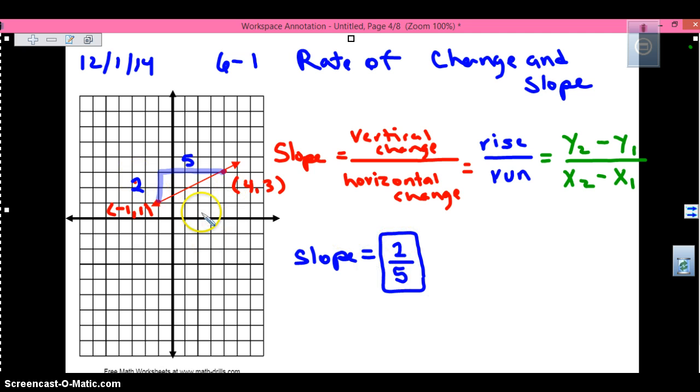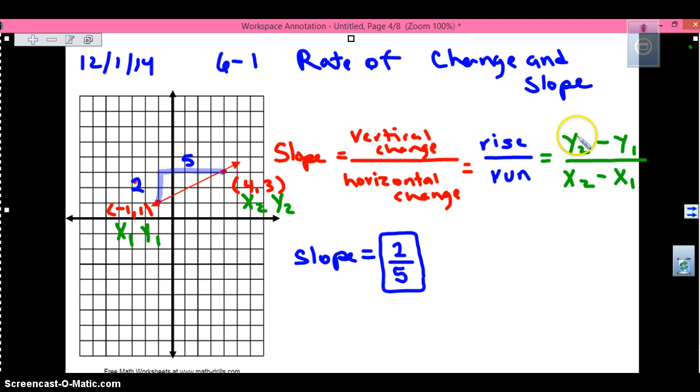Another way to find this is to use the formula y sub 2 minus y sub 1 over x sub 2 minus x sub 1 to find the change in both the vertical and the horizontal. So we've got both ordered pairs. We're going to label one ordered pair as 1, so x sub 1, y sub 1, and the other ordered pair as ordered pair number 2, x sub 2, y sub 2.